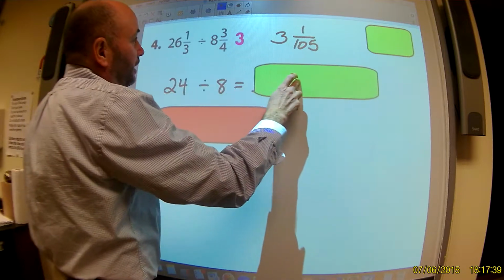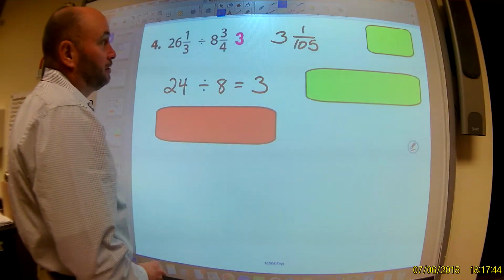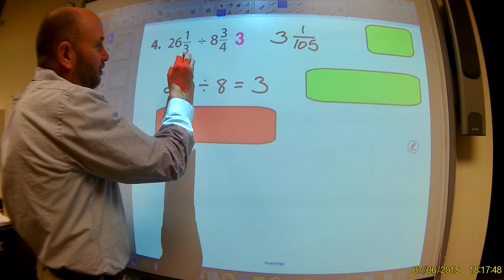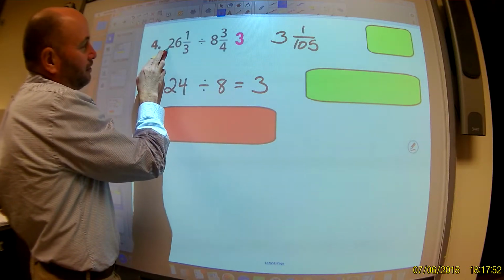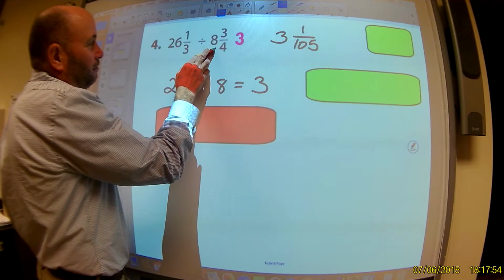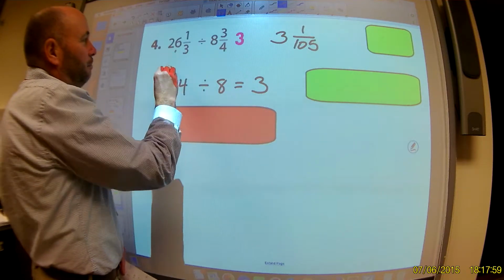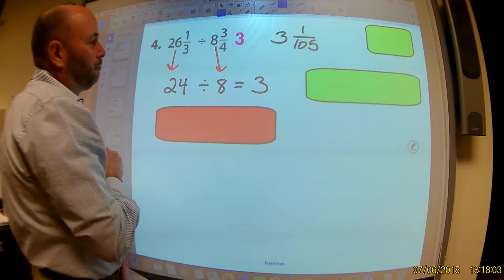One way of estimating it to get that 3 would be to look for compatible numbers. In this case, 26 and 8 are both pretty far apart. This is going to be rounded down to 26, this is going to be rounded up to 9. There's a couple ways you could play with this, but in this case, the best option is to look for compatible numbers.